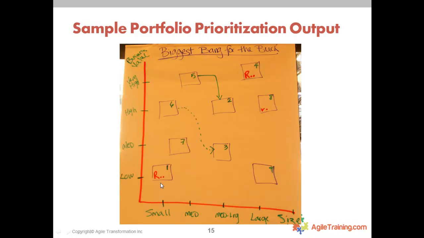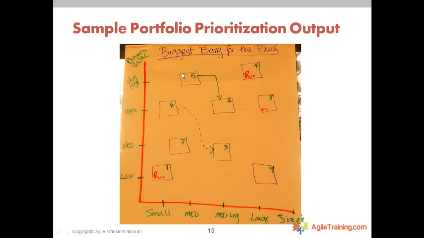So even though these over here have the highest value, this team, when they did portfolio planning, decided to make this number 1 in terms of rank. As you can see over here, one of our top value items is this number 5, and it's medium in size, so high level, it's really not that big.